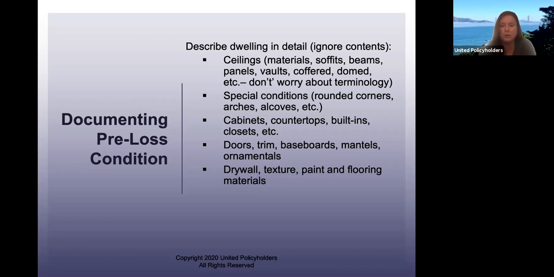So that's important. Flooring materials. I'm going through this pretty slowly just so that you get an idea of where your mind should go when you're looking through your estimates, okay? There's a wide variety of flooring materials. My San Francisco house was built right after World War II, and I had 1-inch strip oak flooring throughout the house.